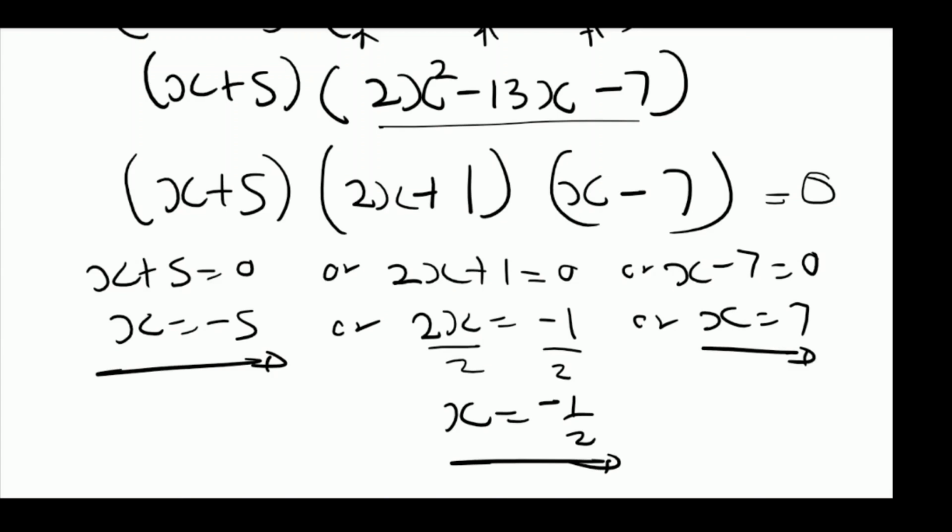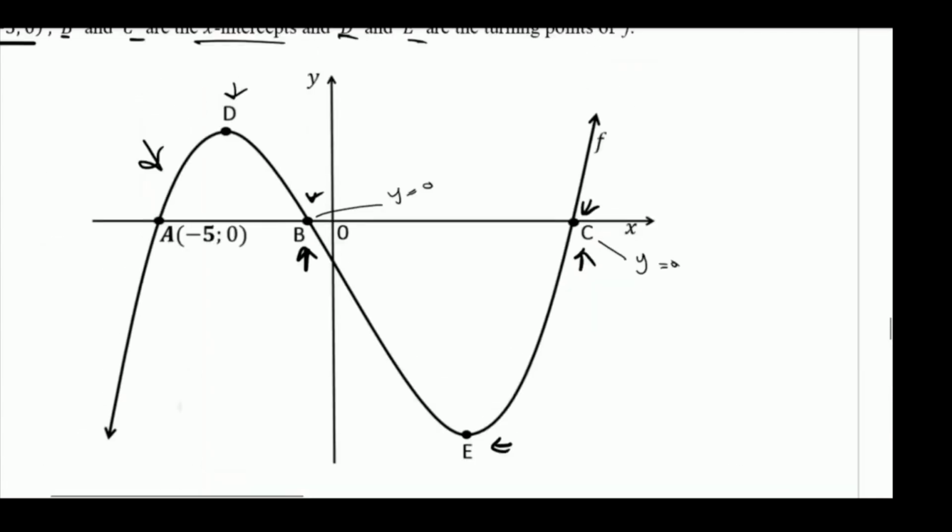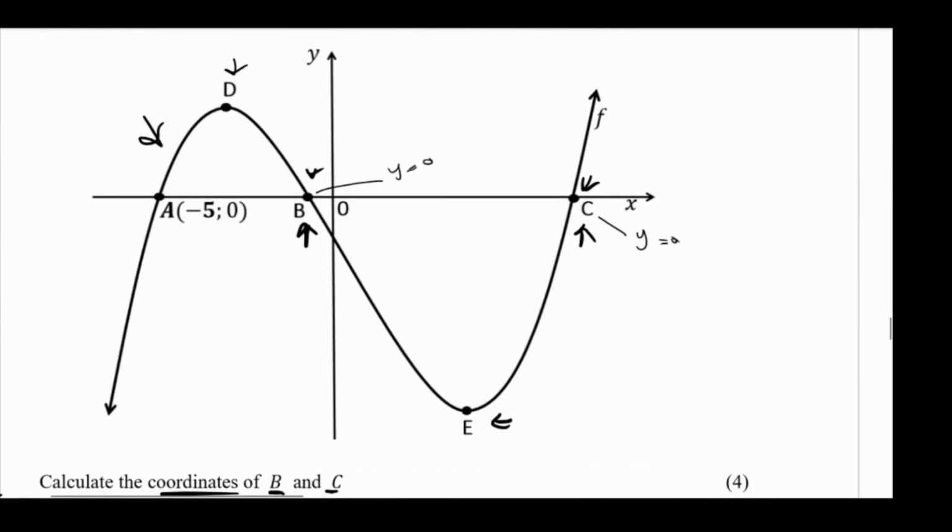But we want the coordinates of b and c. So for us to find the coordinates of b and c, we have to go back to our diagram, and note that we found the x-intercepts to be x equals minus 5, and x equals minus 1 over 2, and x equals 7, right?